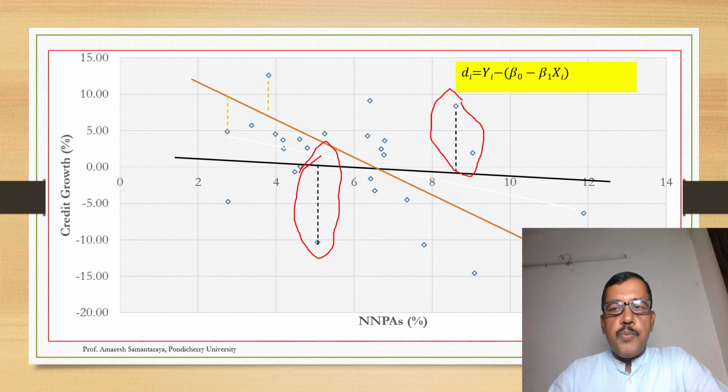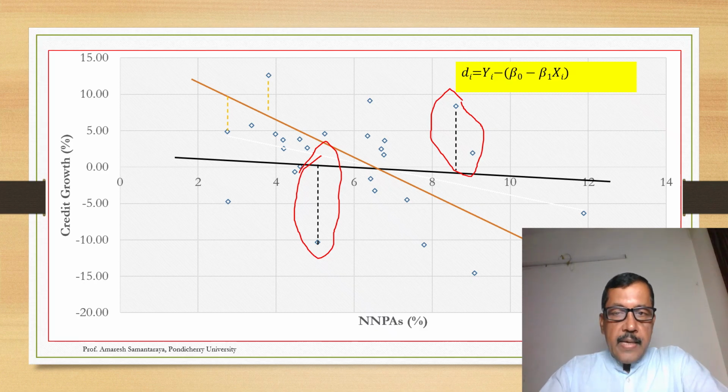These are two points I have chosen, but one can draw similar vertical lines from each of the points in the scatter plot to the black line, and then add them all up.